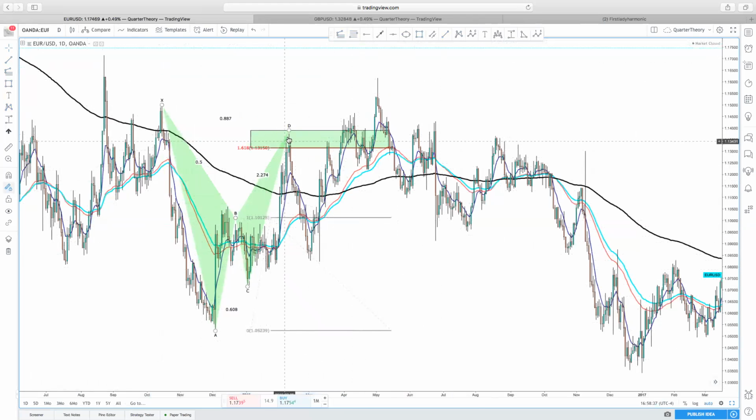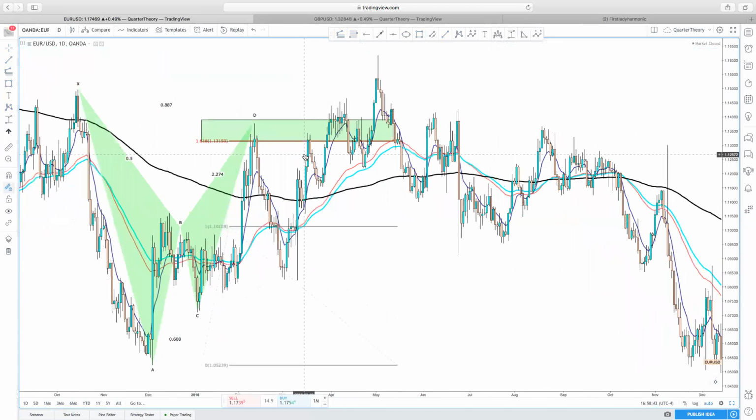So when price came up in here, you see what it did? And then what makes this valid, which is quite interesting, is that once price came up in here, the next bar, there was rejection.